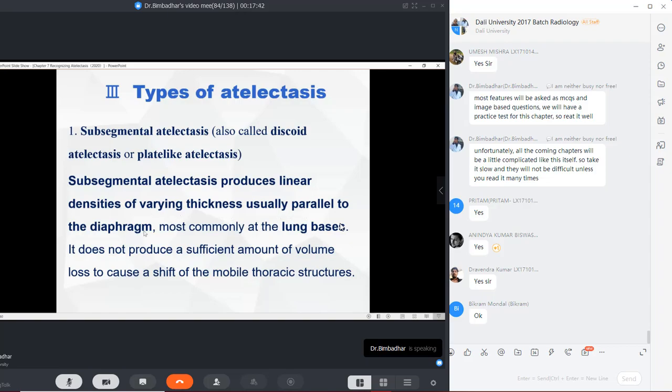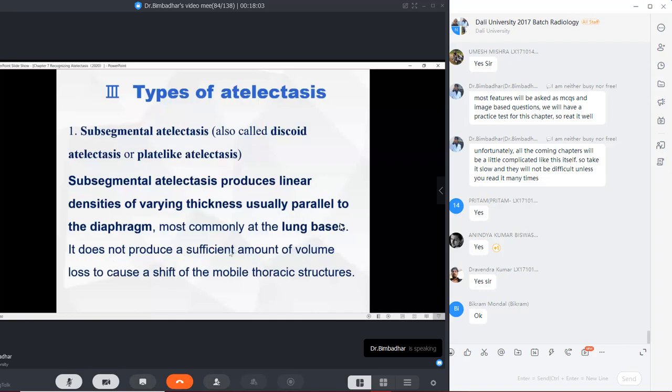Remember, this is one of the most characteristic features: the subsegmental atelectasis will show up parallel to the diaphragm. The radio-opacity is parallel to the diaphragm, most commonly along the lung bases.